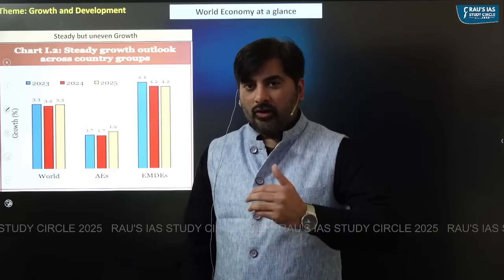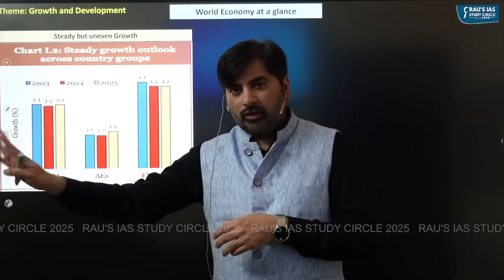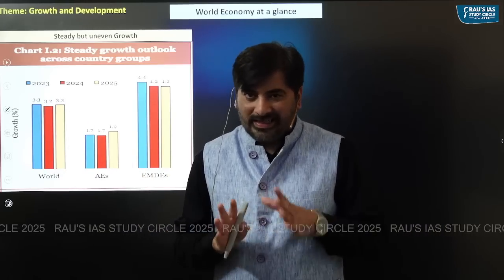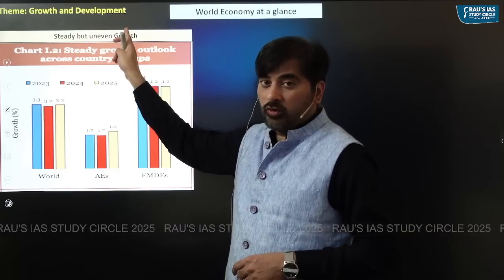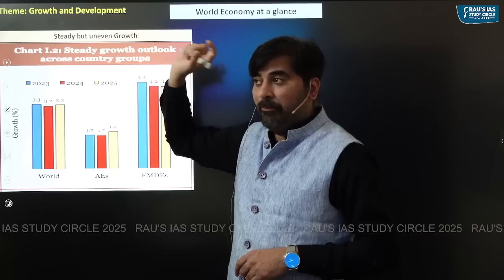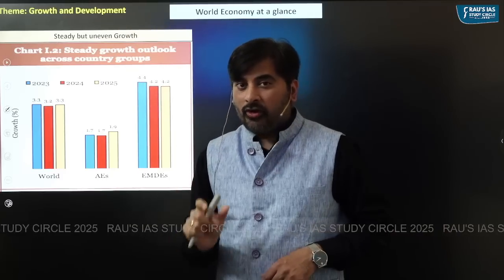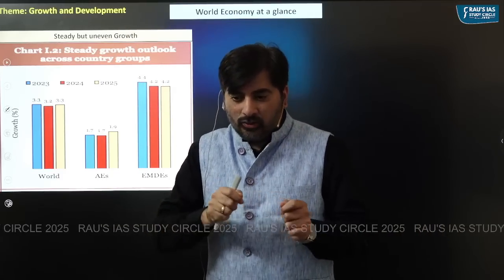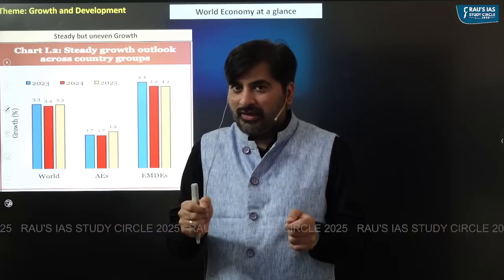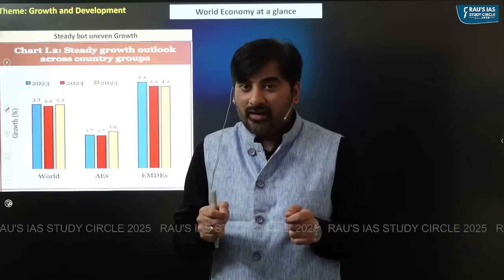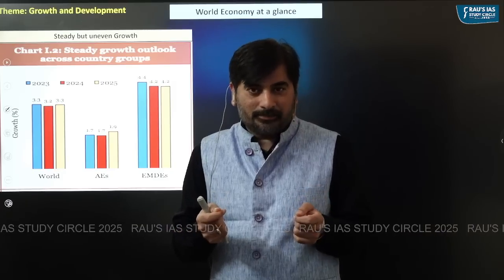So the global economy has moved away from the COVID-19 pandemic clearly, which shows that there is a steady growth now. But the problem, as pointed out by the economic survey, is even though the growth is steady, the growth unfortunately is uneven. Why is it uneven?